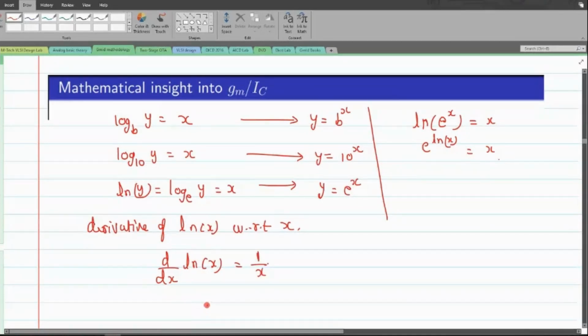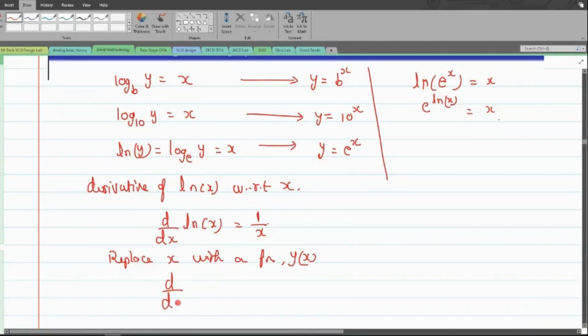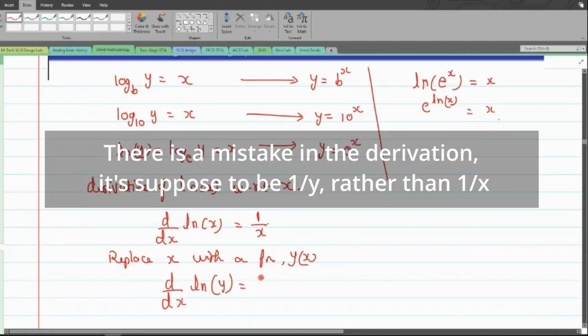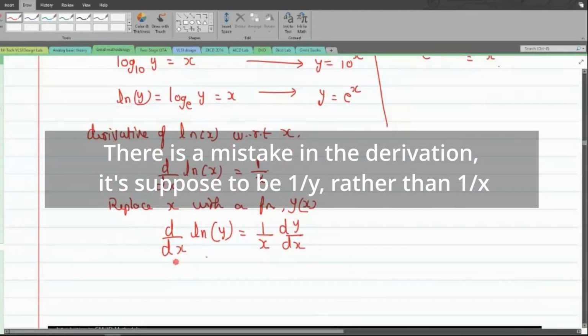Now, if I replace this x with a function y of x, so that we have ln of y, which is again a function of x, that would give something like 1 upon x into the derivative of this.